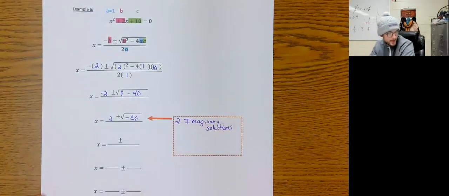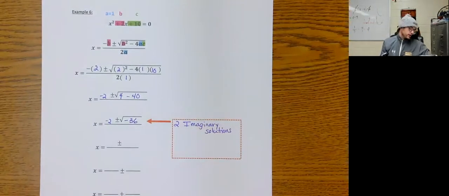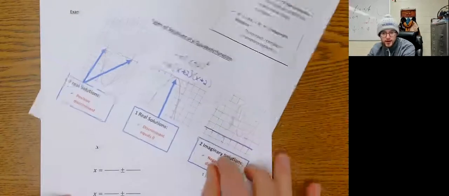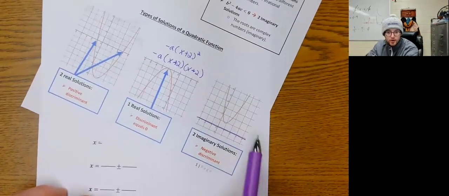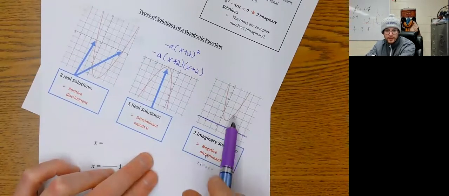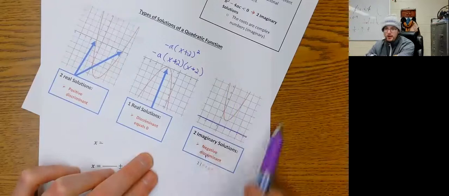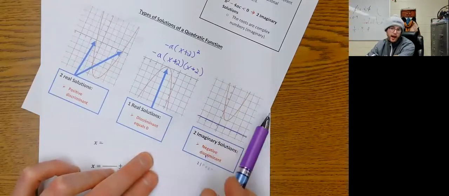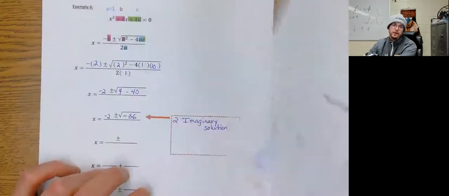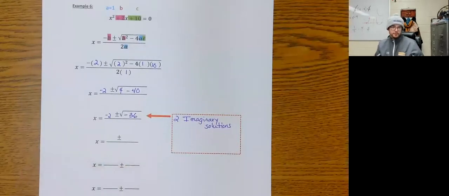If the discriminant is negative, going all the way back to the video from part 3, this parabola does not cross the x-axis, and there is no real solution. There's two imaginary solutions, all right? So the discriminant's negative.